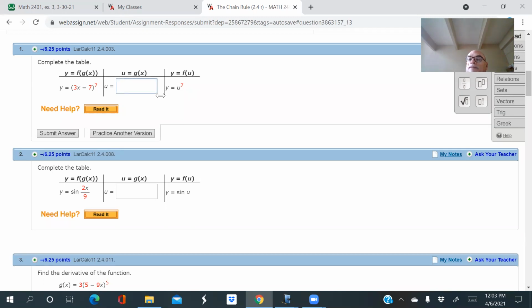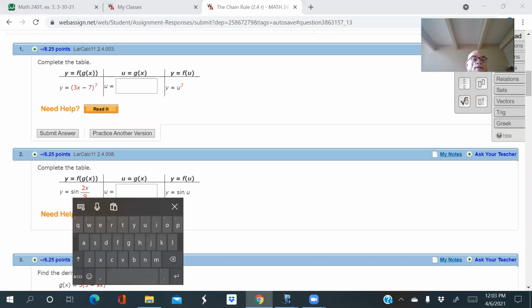So what goes in this slot? I didn't really teach the topic in this way, so this problem is a little bit not relevant to how we've been talking about the chain rule. What they really want here is 3x minus 7.